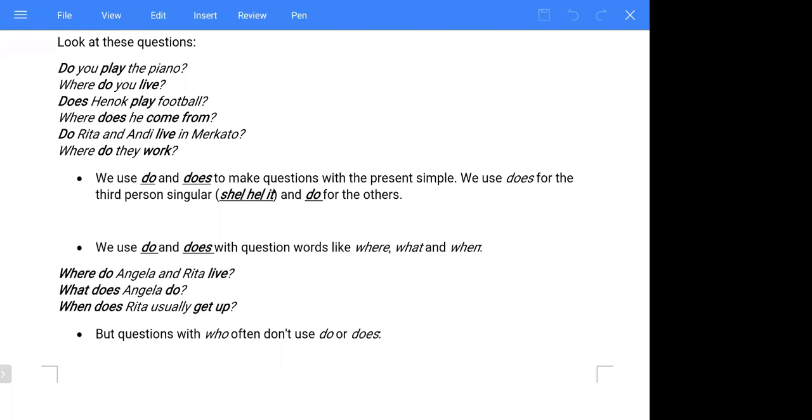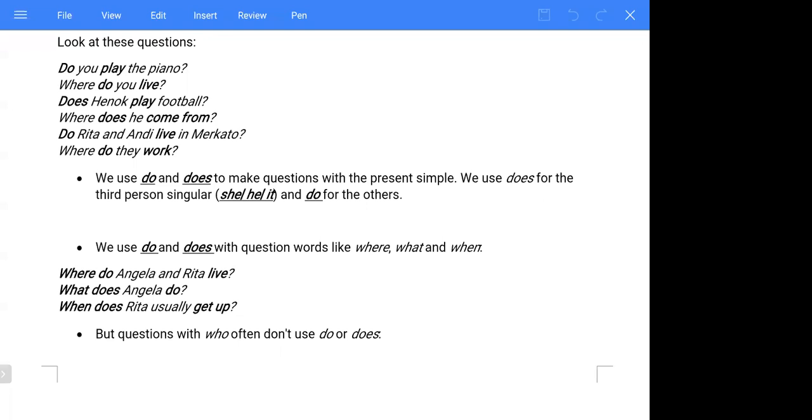So how do we ask questions? Or how do we change it into negative? In this case, you need to use the verb to do, which is do and does.